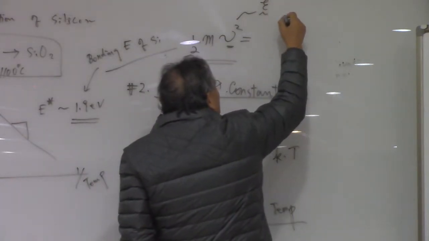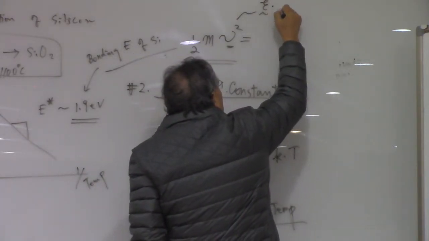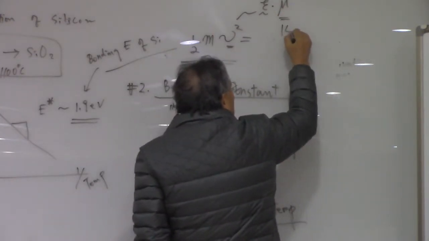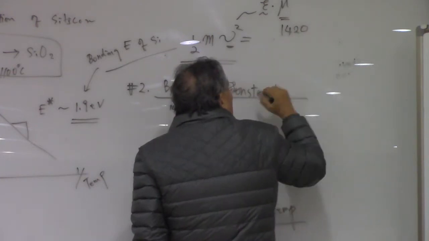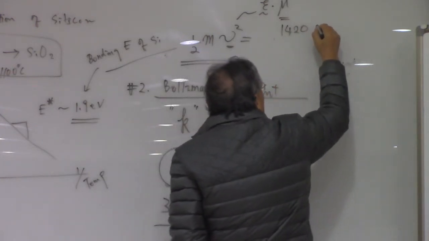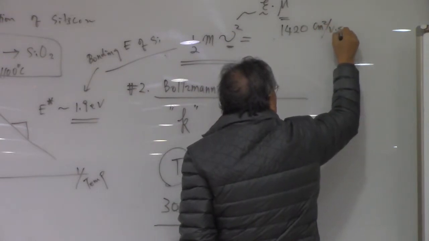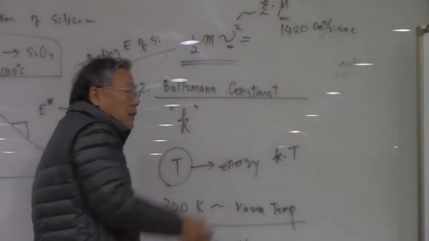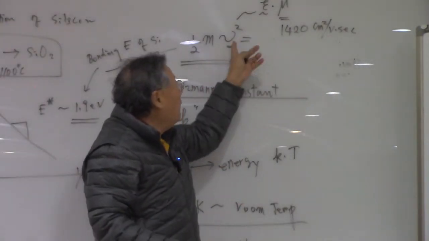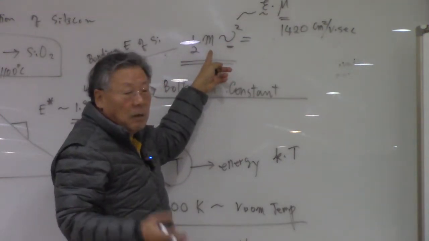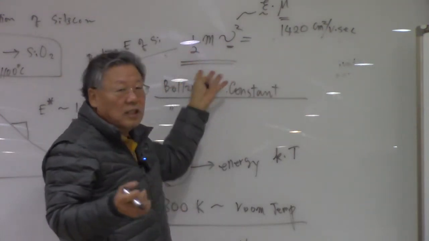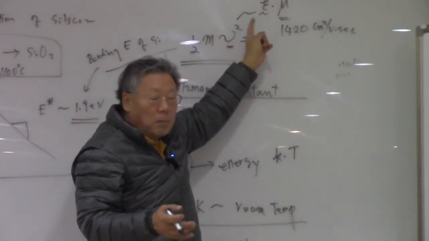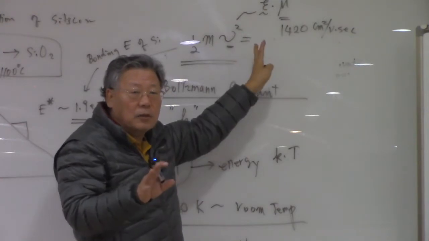If you multiply the electric field by the mobility, which is a material constant of silicon, 1420 centimeters squared per volt second, that is the mobility of electrons in silicon. So if you apply some electric field, then you can get the velocity. And then you know the mass of the electrons, so you know the kinetic energy of the electrons in the silicon by applying the electric field, not the temperature.